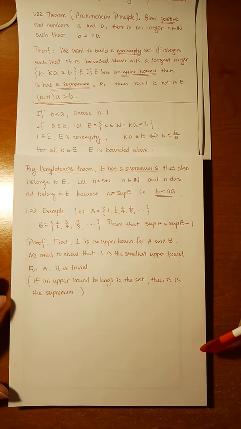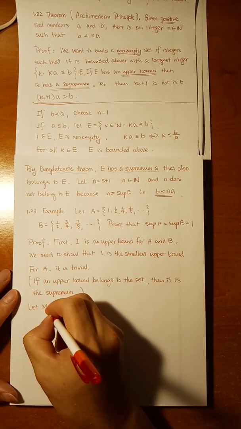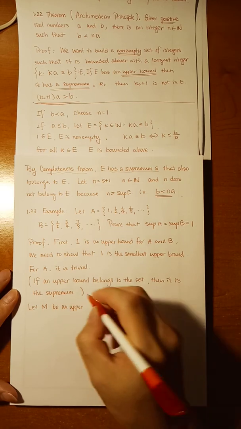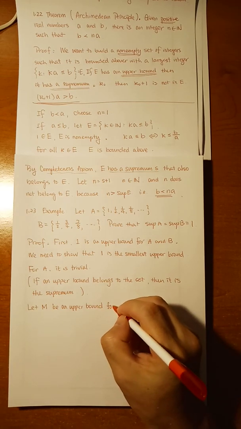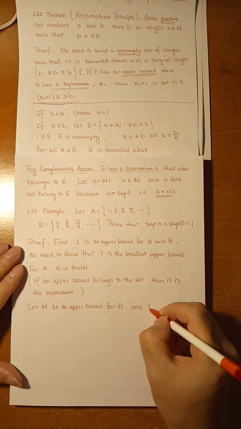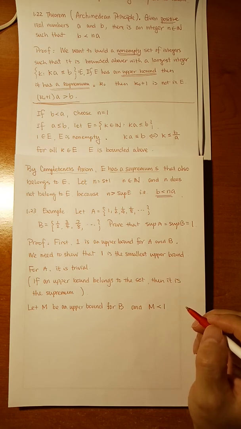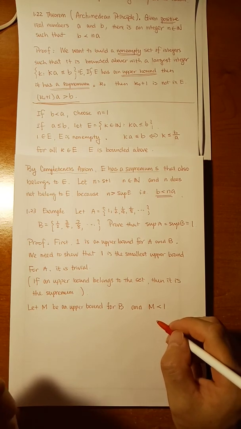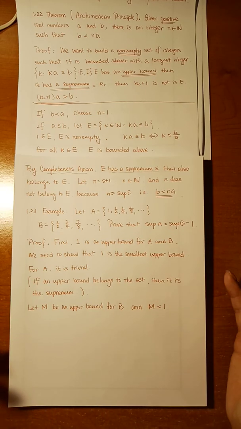Okay, now let's focus on B. So let M be an upper bound for the set B, and suppose M is less than 1. This means 1 is not the smallest upper bound, so 1 is not the supremum.